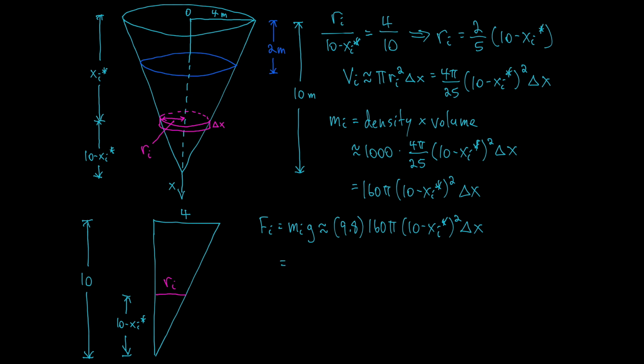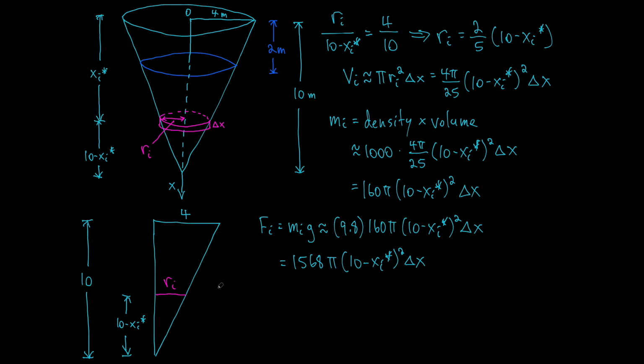So that becomes 1568 pi times 10 minus xi star squared delta x. Okay, we finally figured out the force.